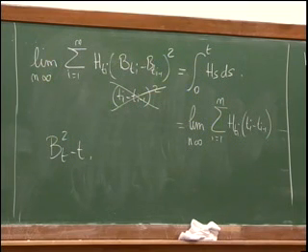Yes? I don't even know what that means. I thought that this was a vector. What is a vector? No, you have your Brownian motion, and it's just here, that's a real number.